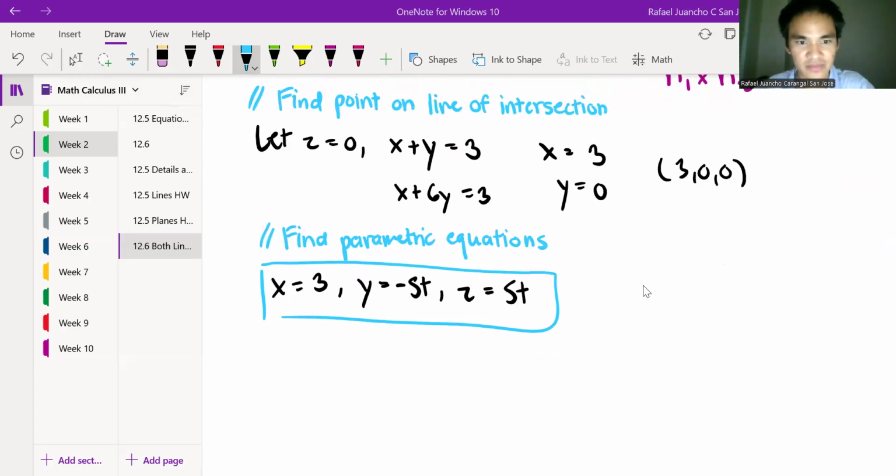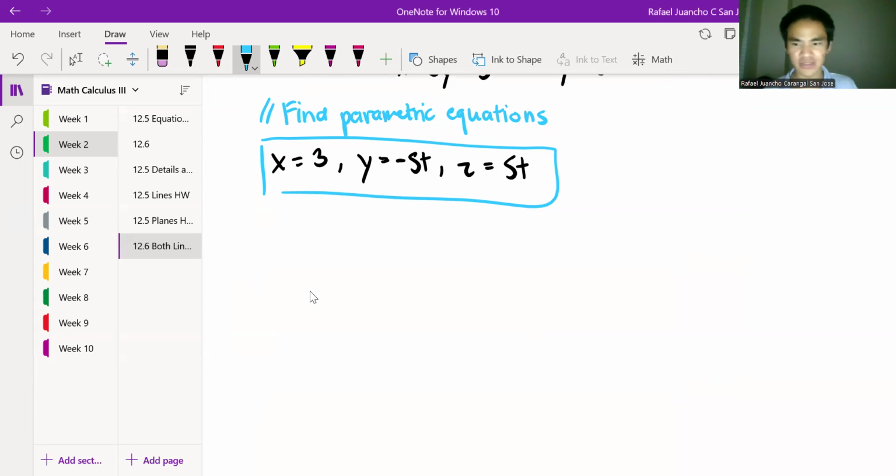Put 5. Just use a bit more quickly because I need to. Okay, boom, done. Okay, now here we find the angle rounded to 1 decimal place between the planes.